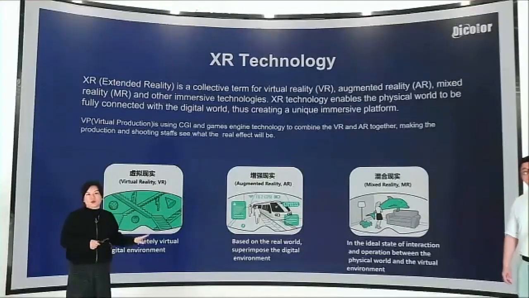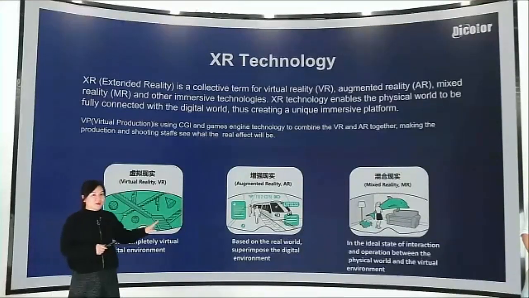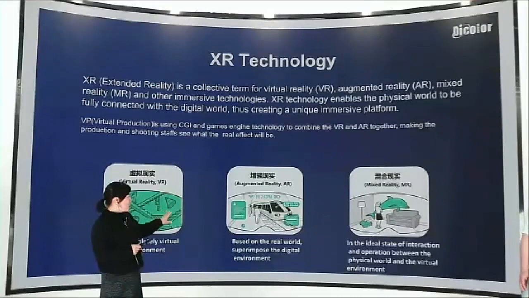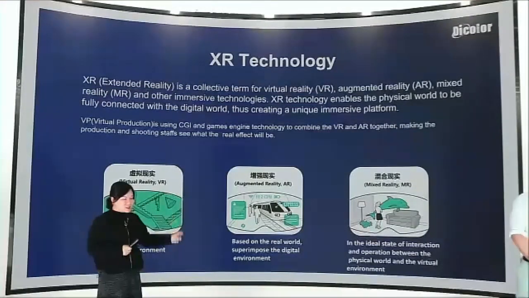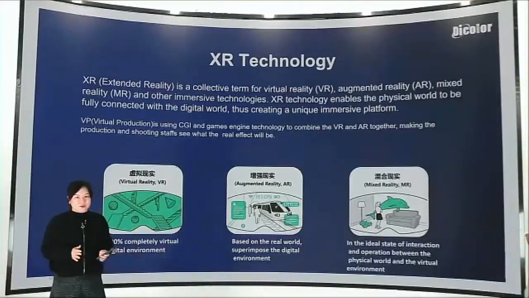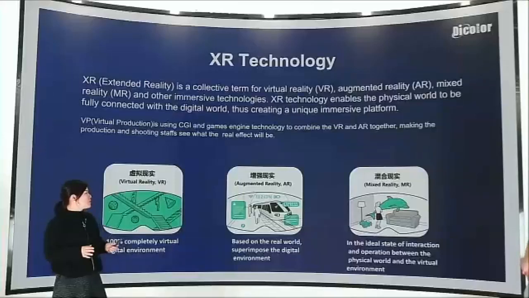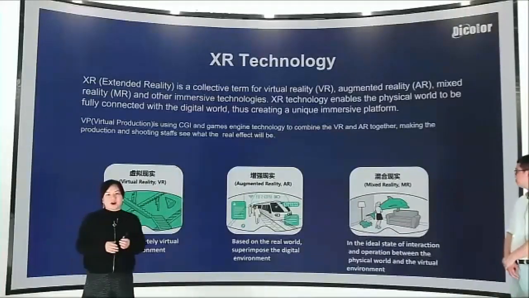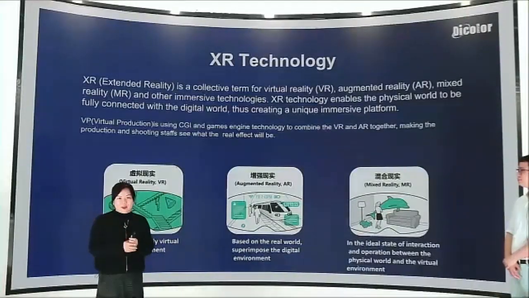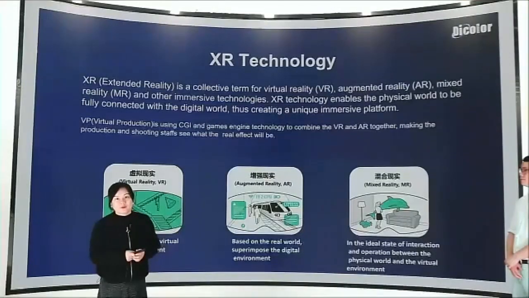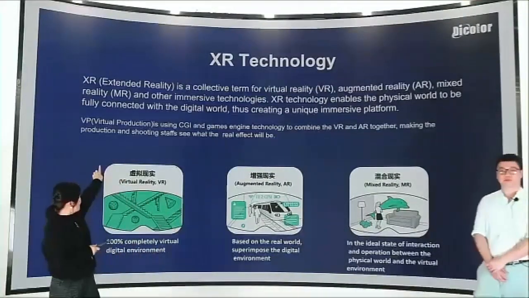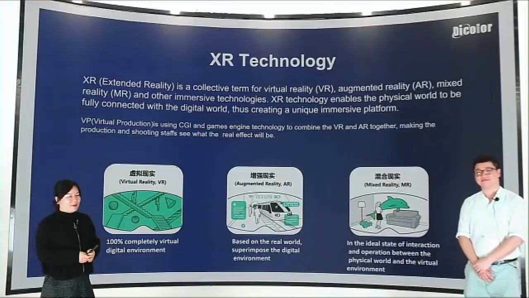superimpose the digital environment. And the third one is mixed reality. The abbreviation is MR. In the ideal state, there is interaction and operation between the physical world and the virtual environment. So these 3 factors make XR technology happen.